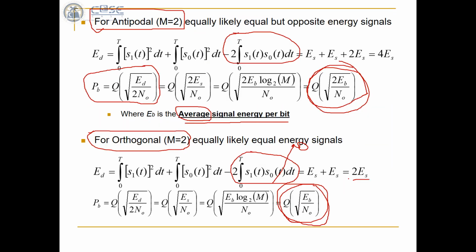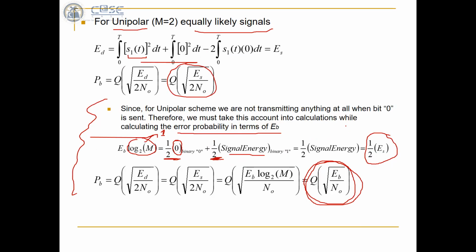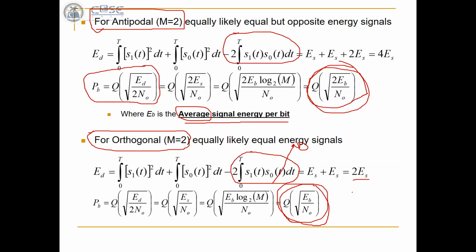If you compare these three, the unipolar and the orthogonal are the same, whereas antipodal will be the lowest of all.